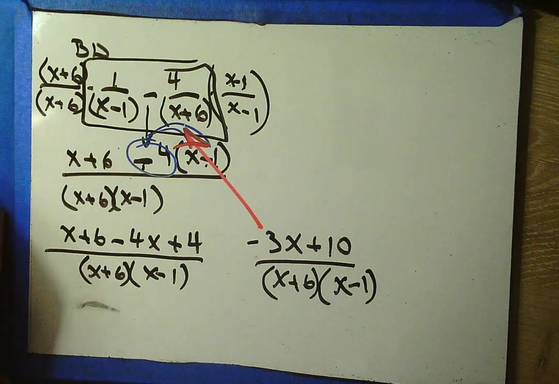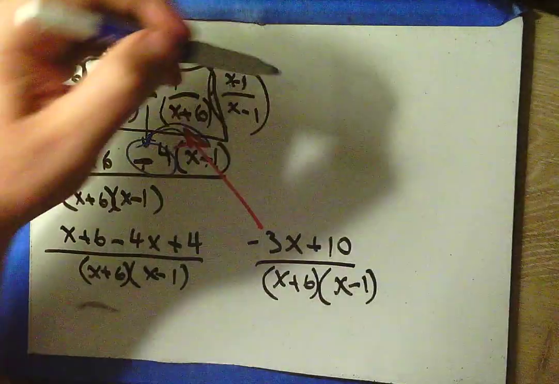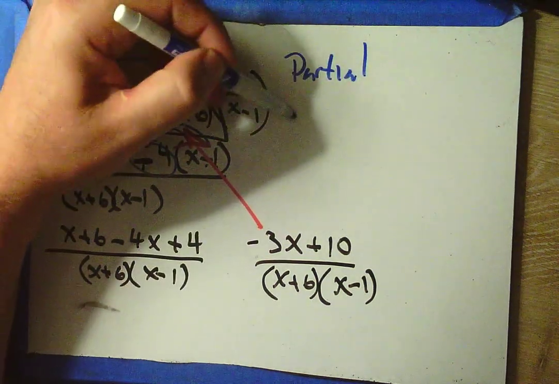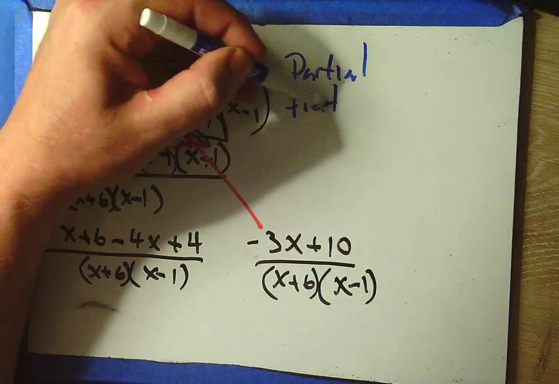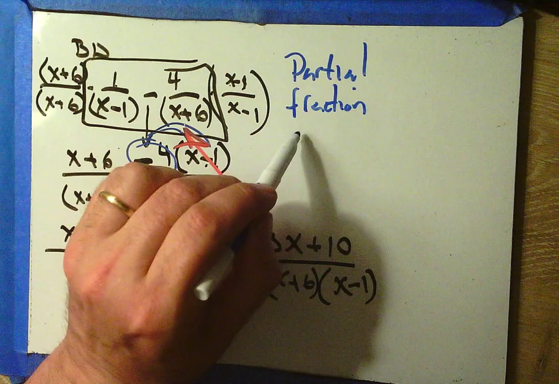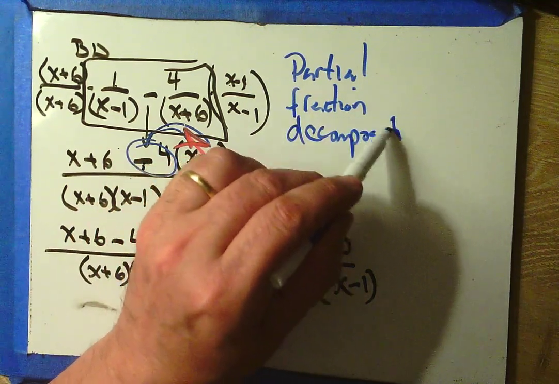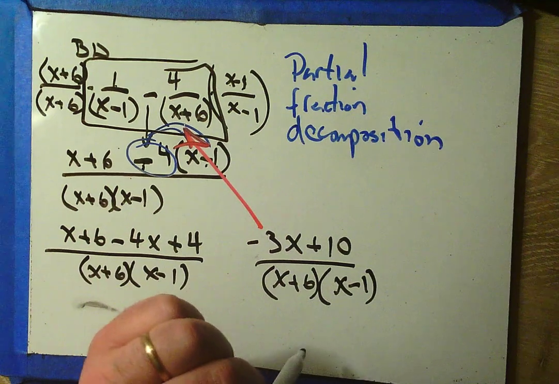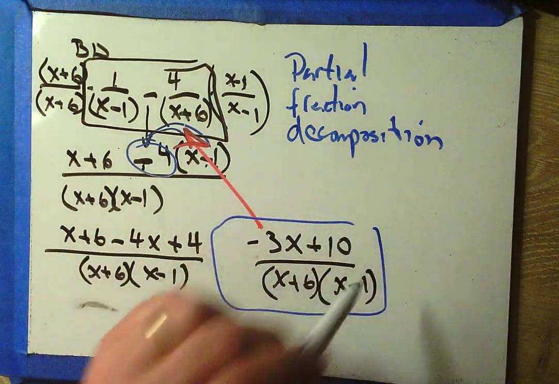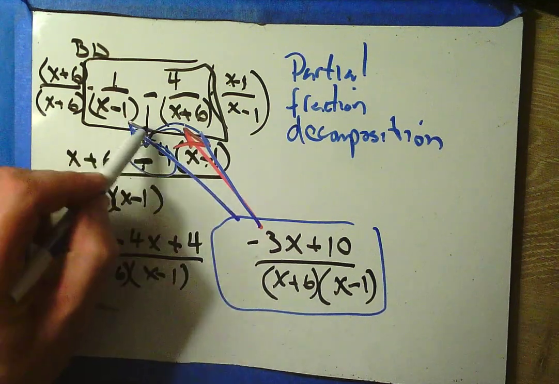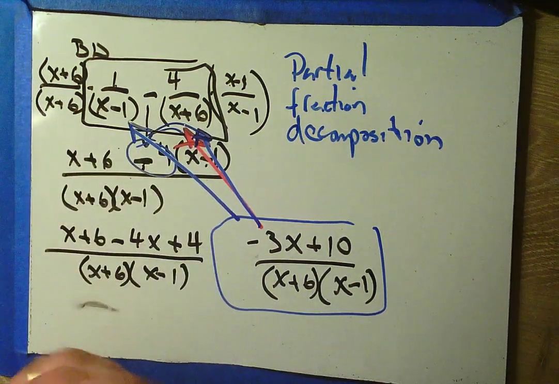And the process for doing that is called partial fraction decomposition. We want to decompose this one fraction into these partial fractions.